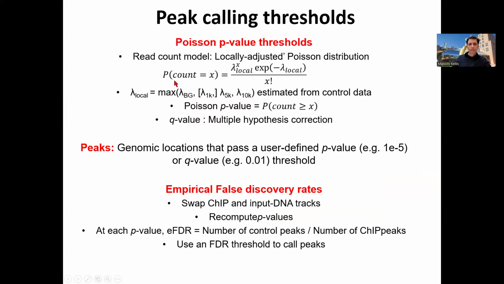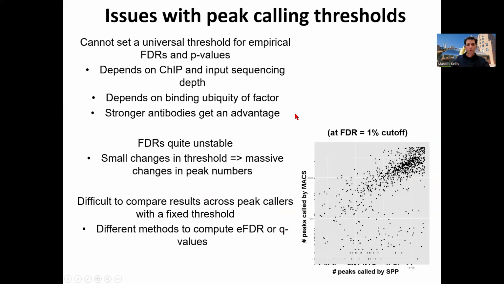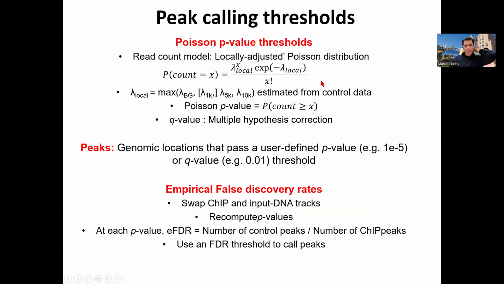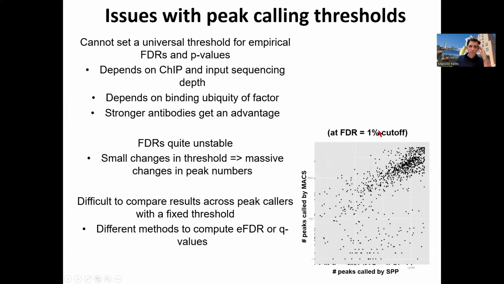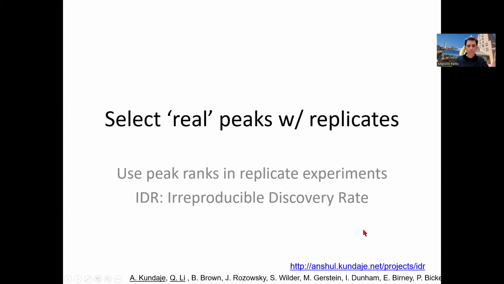But most of it is going to be about what is the probability of having some count, given some kind of local expectation, and some kind of Poisson distribution based on those, okay? And the challenge is going to be, at what threshold do I call a reasonable peak? And those thresholds are going to be based on just some number of reads.